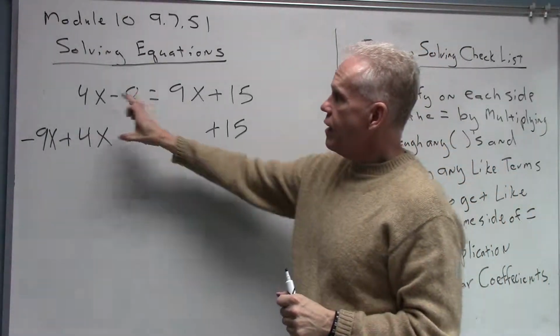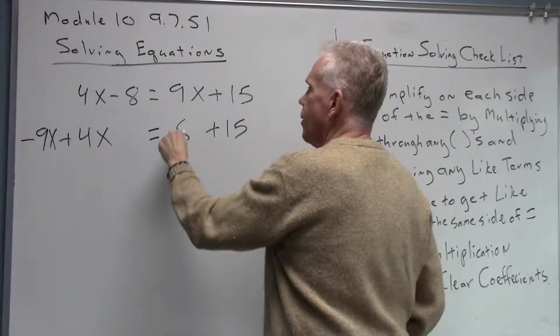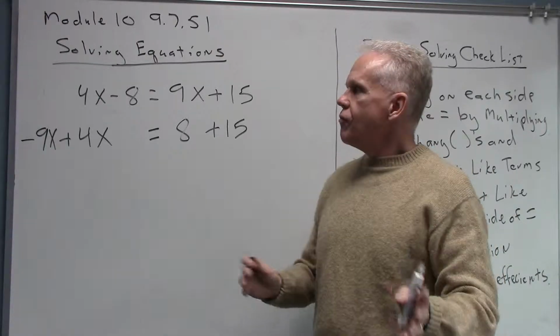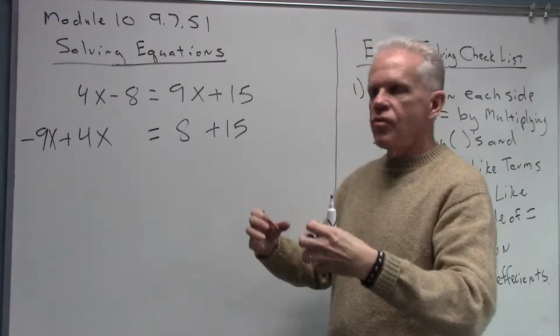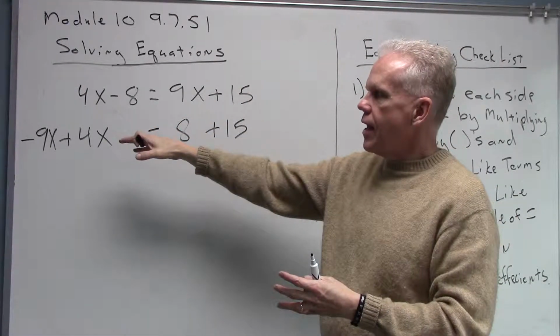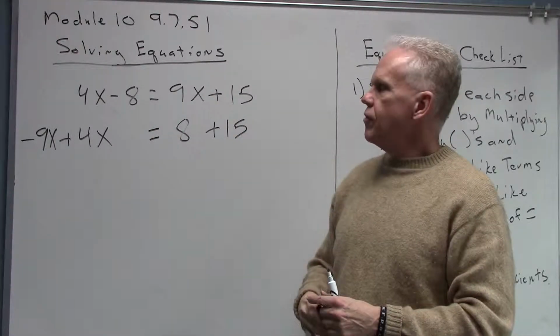Now the negative 8 needs to come over here with the plus 15. Now when it jumps over, it becomes a positive 8. Okay, so I have transposed actually two things to get like terms together. Transposed my 9x over yonder, made it a negative 9x. Transposed my negative 8 over here, made it a positive 8.